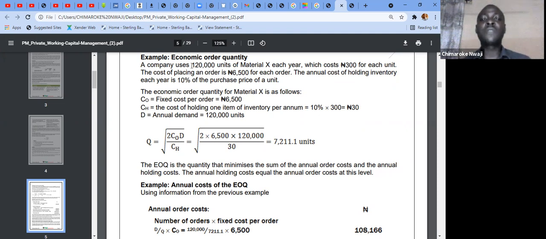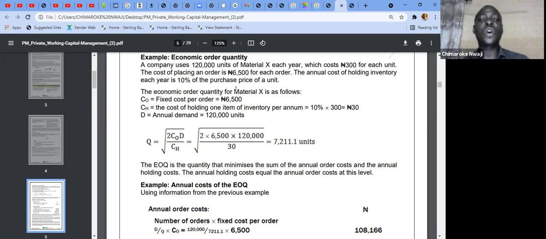If you want the total holding cost, it is 30 naira times 120,000 units. Ordering cost is going to give you 6,500 for each order. We don't know how many units you are taking per order. That's what we want to find out.